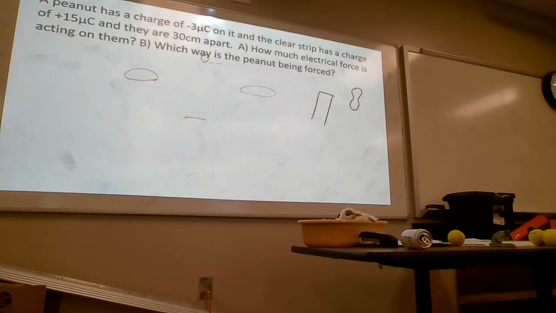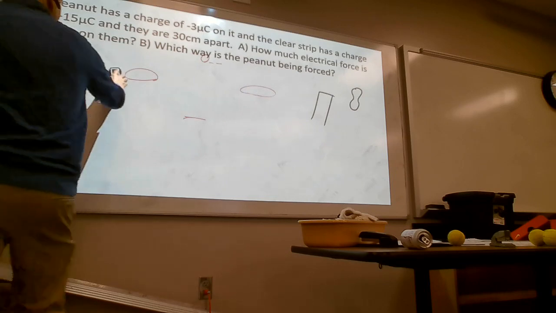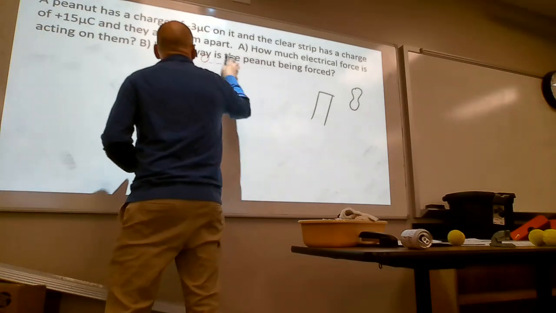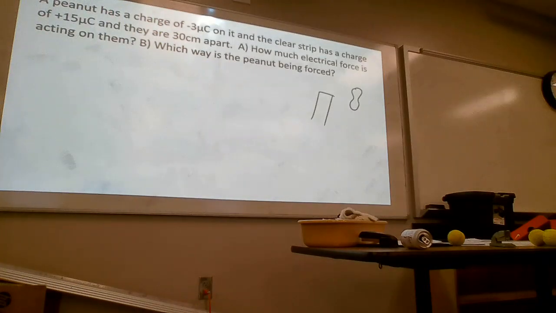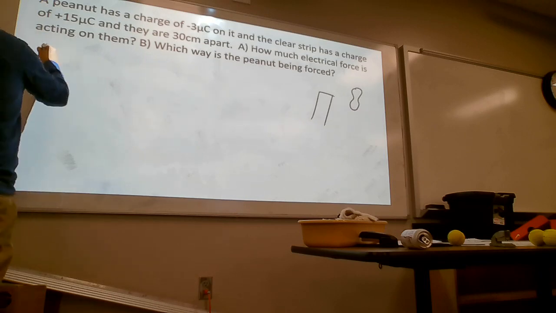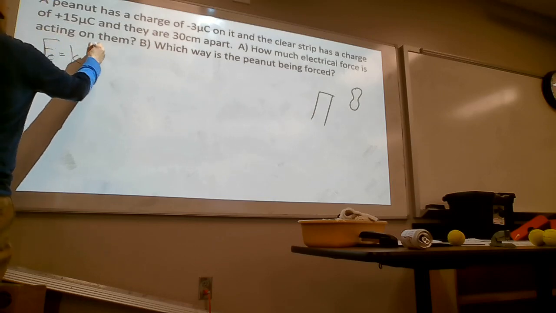All right, so let's do an example problem. You have a packaging peanut that has a charge of negative 3 microcoulombs on it, and a clear strip has a charge of plus 15 microcoulombs, and they're 30 centimeters apart. How much electric force is acting on them? So we're going to employ Coulomb's law.